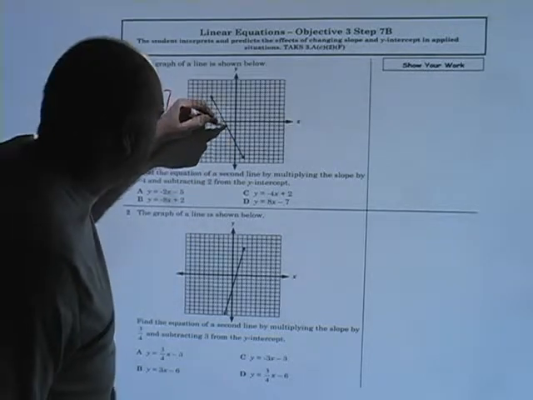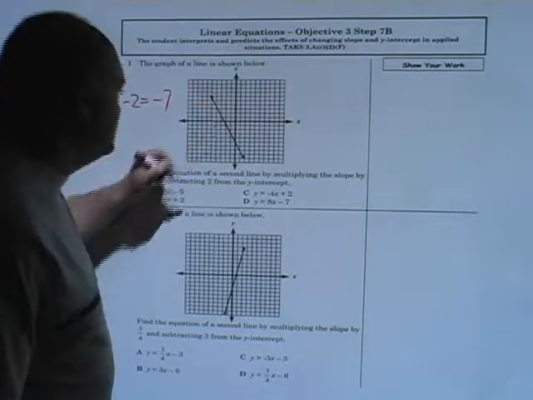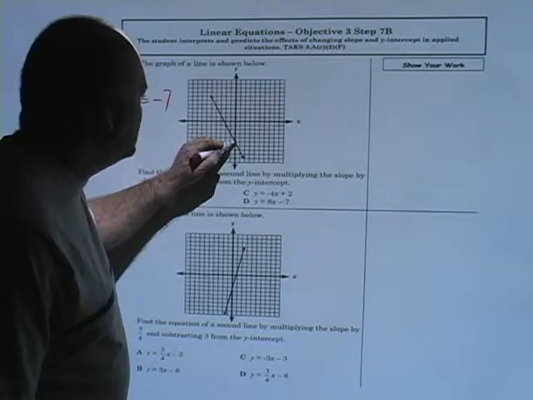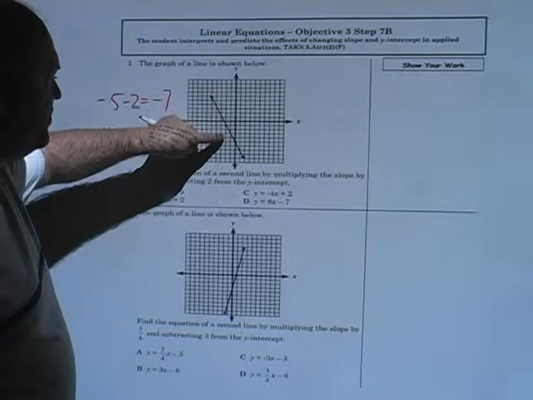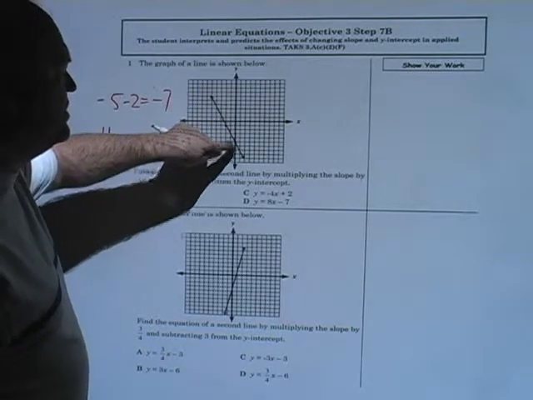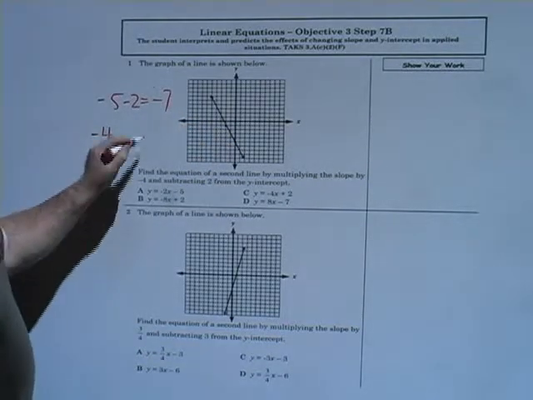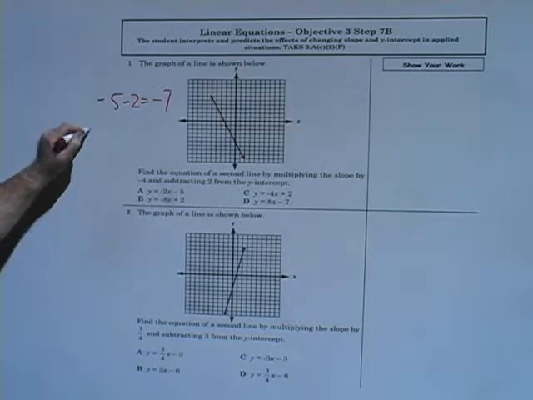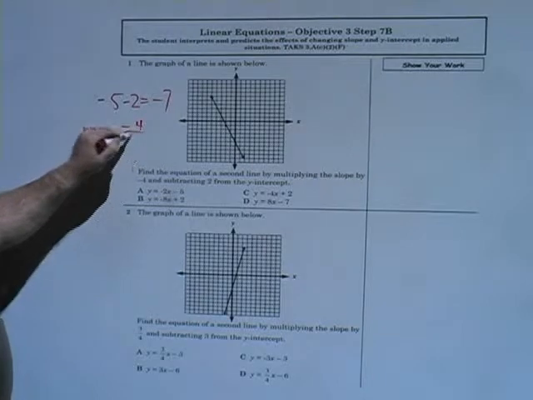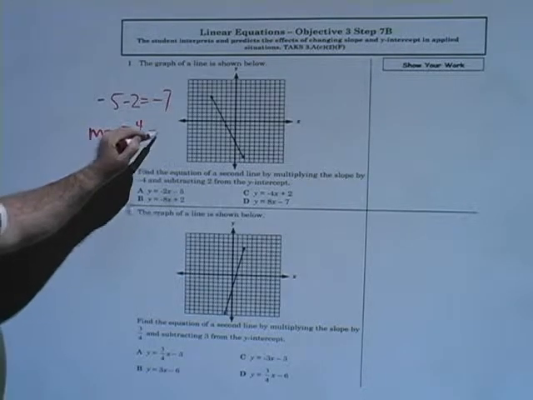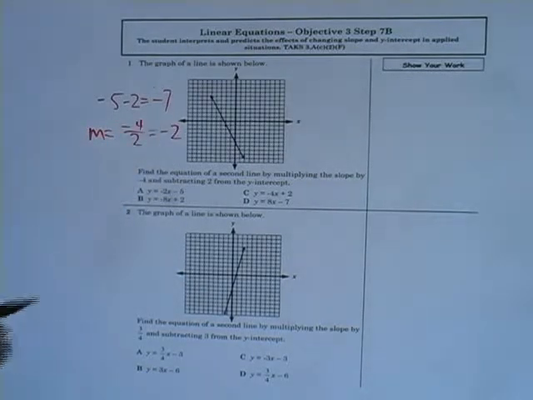Pick different points. Let's do these 2 points. And go down 1, 2, 3, 4, and over 2. So our slope on this line is down 4 over 2, which equals -2.